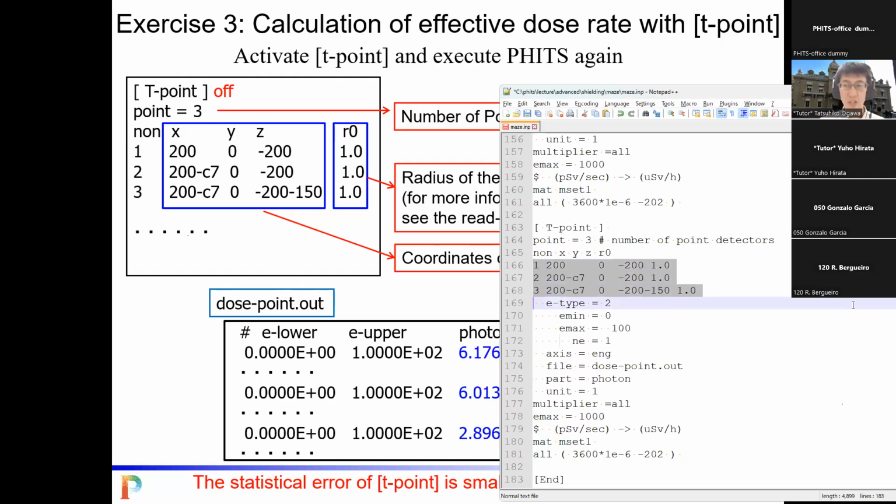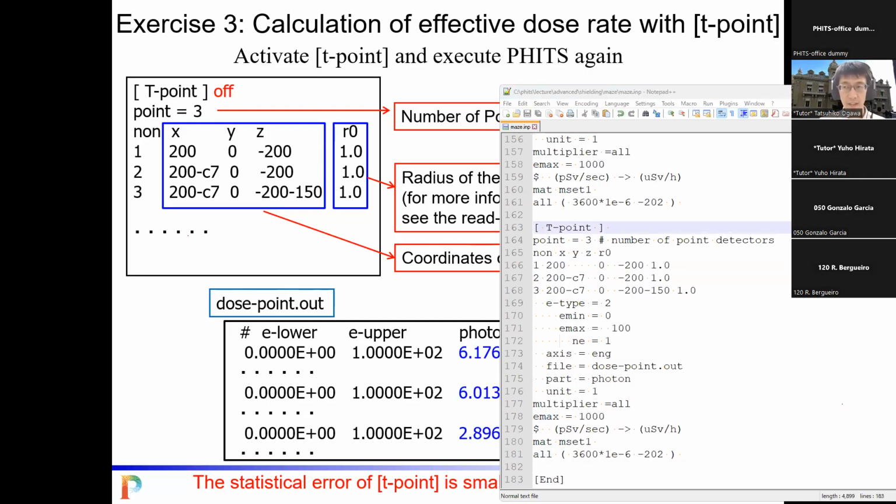Here's the specification of the coordinates where we would like to know the dose rate, and a multiplier is applied to calculate effective dose. So just after deleting off of T-point, let's run.